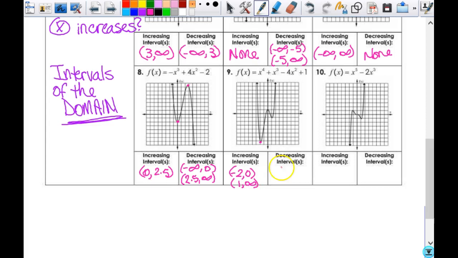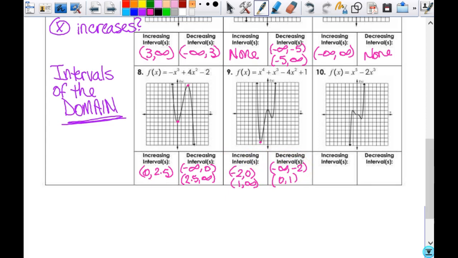And then decreasing starting at negative infinity to negative 2. And then 0 to 1. Okay. And if it makes more sense to you, instead of doing all your increasing and all your decreasing, you could do this first interval and put it in your decreasing, making sure you start there so that you actually get all of it and you don't miss a chunk in there somewhere.